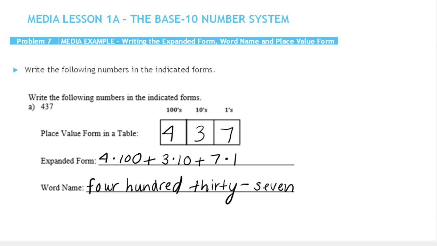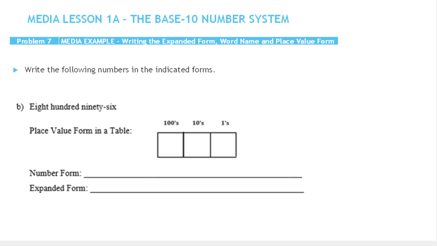Let's try another one. In this example, we're given the word name. We're asked to put the place value form in a table, find the number form, or the number or numeral, and the expanded form. So here we notice we have eight hundred ninety-six. So remember when we wrote the word name, we said we find the digit in the hundreds place and follow it by hundred.